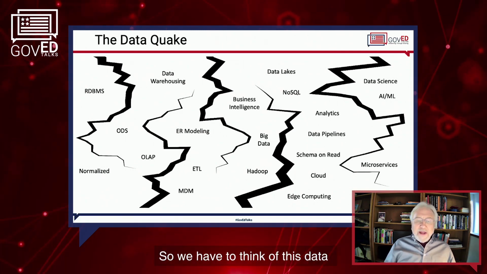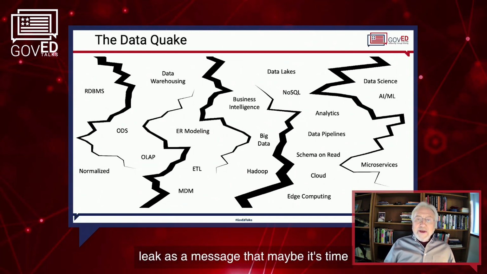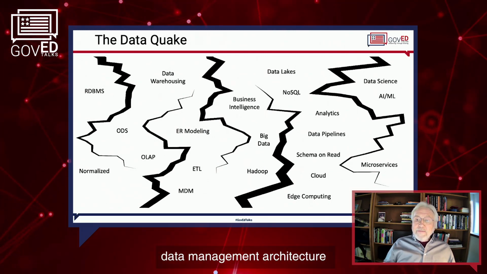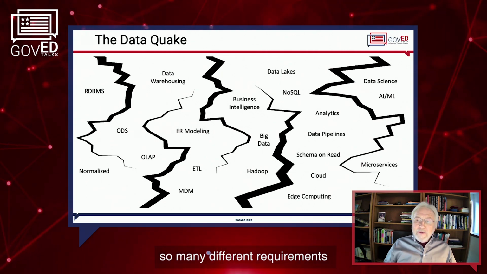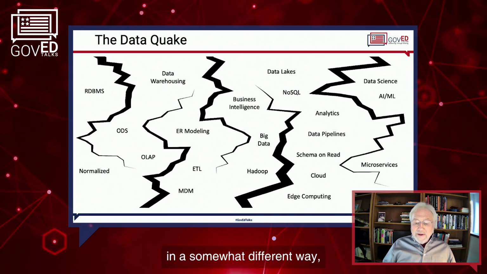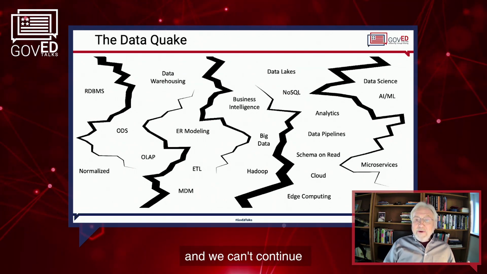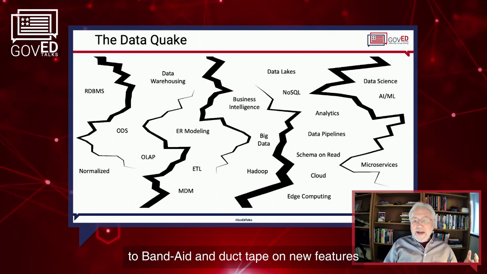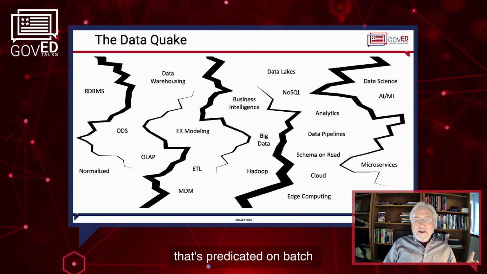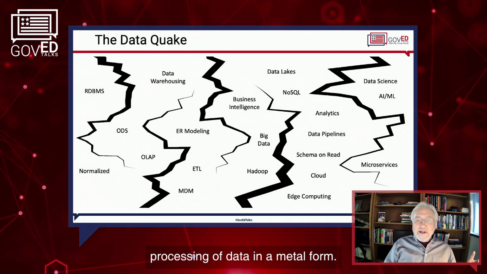So we have to think of this data quake as a message that maybe it's time to stop and rethink data management architecture, because there are so many different requirements in this world of analytics that we need to approach it in a somewhat different way. And we can't continue to Band-Aid and duct tape on new features on an architecture that's predicated on batch processing of data in an ETL form.